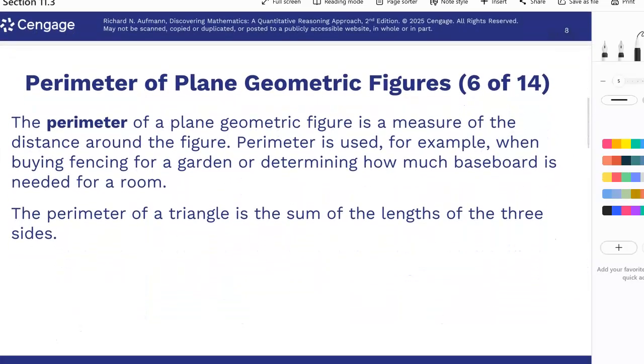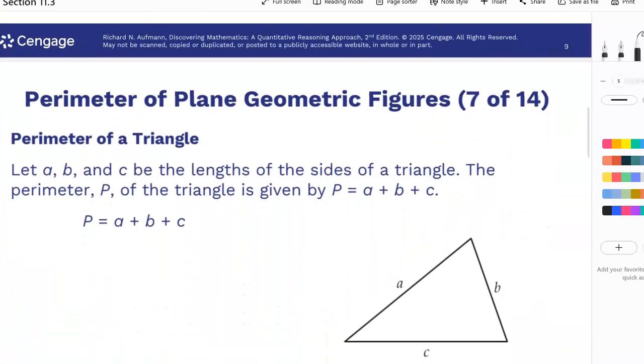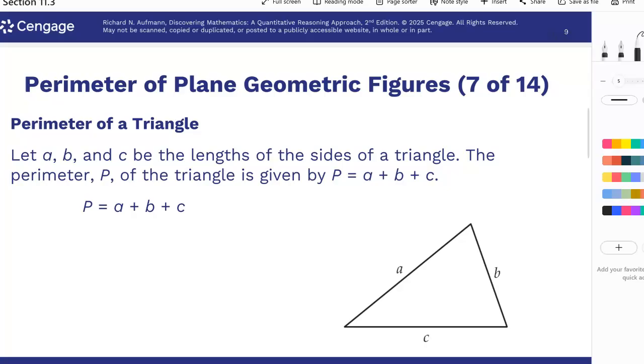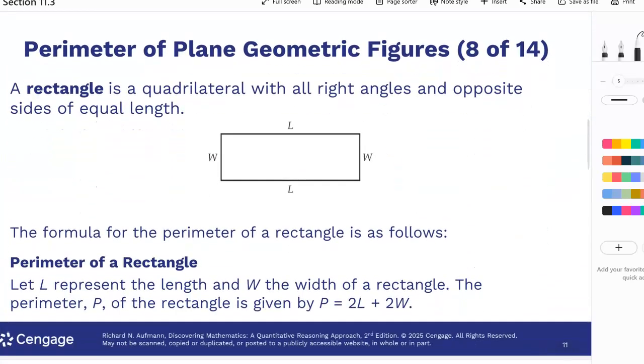So when we talk about the perimeter of any of these types of figures, it really is just the distance around. So the perimeter of a triangle, if we know this distance and this distance, it would just be the sum of all the sides. A rectangle is going to be kind of the same way. But what's nice with a rectangle is that these two sides are going to be equal and these two sides are going to be equal.